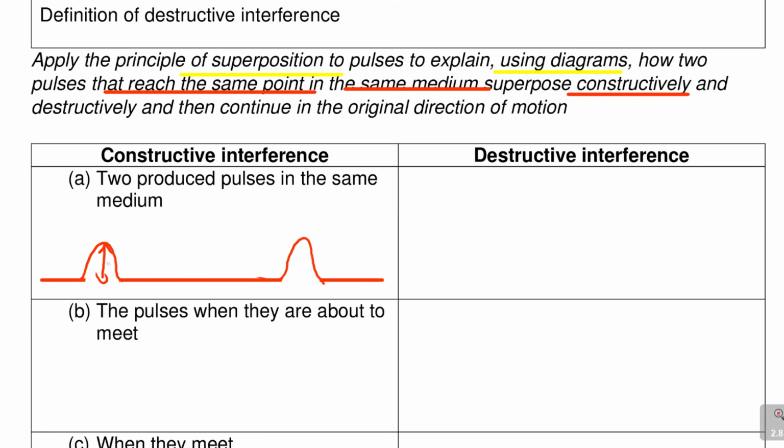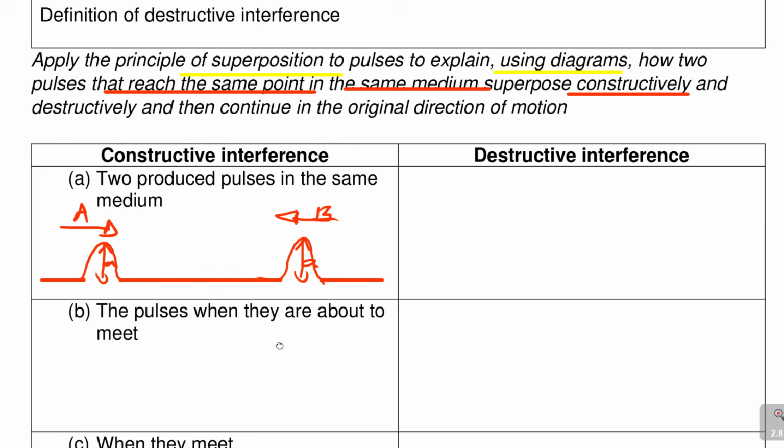Here you have the amplitude of A, and the other one also has the amplitude of A. So these are pulses of the same size, moving in the same medium. But don't forget, this one is moving in this direction, and this one is moving in this direction. They are two pulses produced in the same medium, right? Let's call this one A, and that one B.